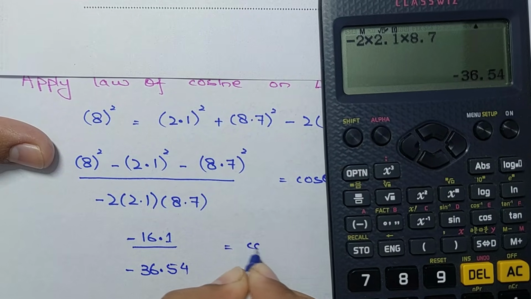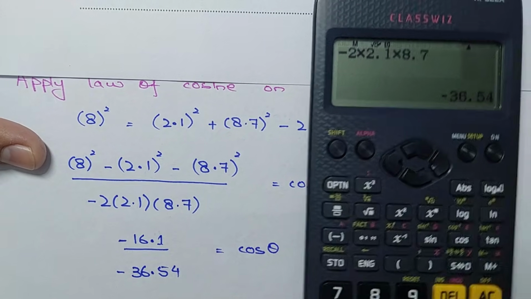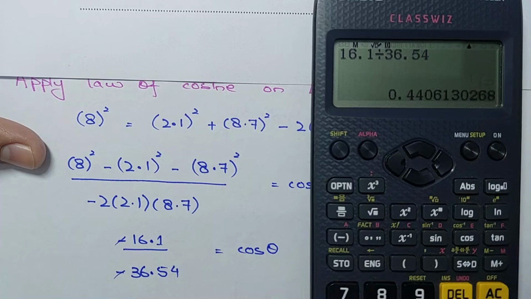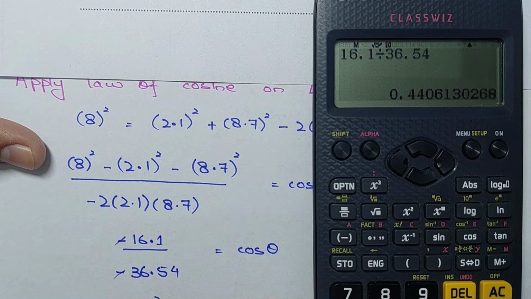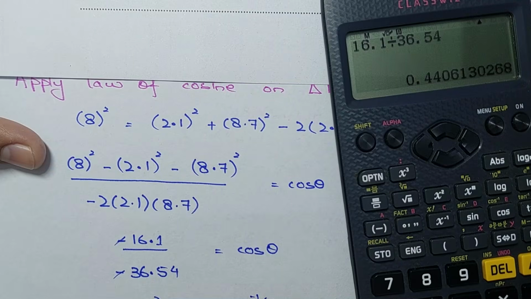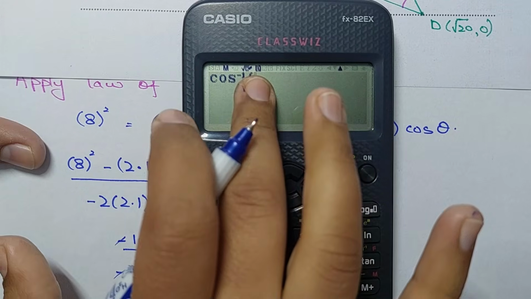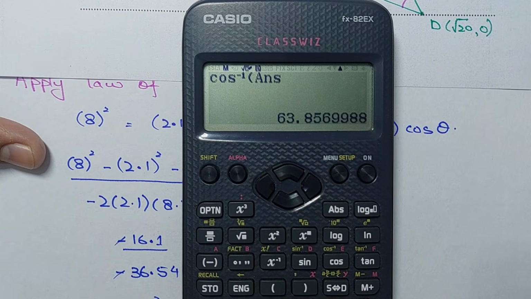This is your cos theta, right? Negative is cancelled with negative: 16.1 divided by 36.54, which is 0.441. Now theta equals cos inverse of 0.441.